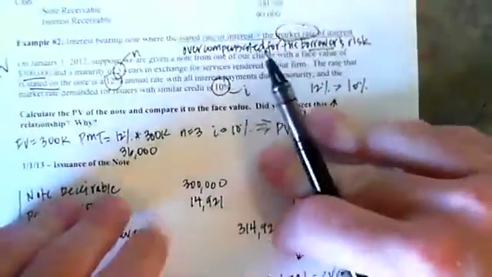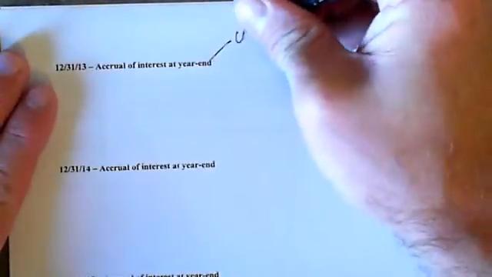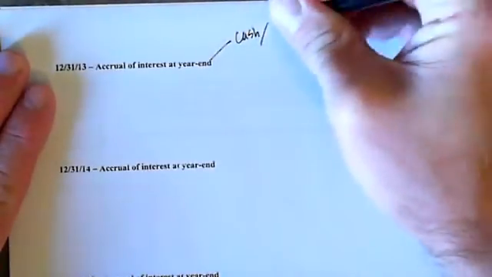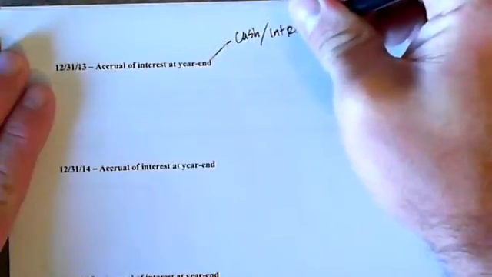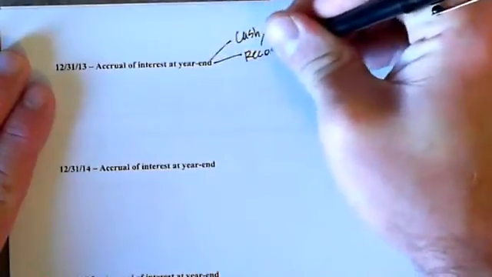So let's look at the year end, the first day that the premium is going to change, which is when we accrue interest at year end. So remember, when we accrue interest, perhaps we'll receive cash, but if we don't receive cash on that day, then we'll record interest receivable. We will be recognizing interest revenue.